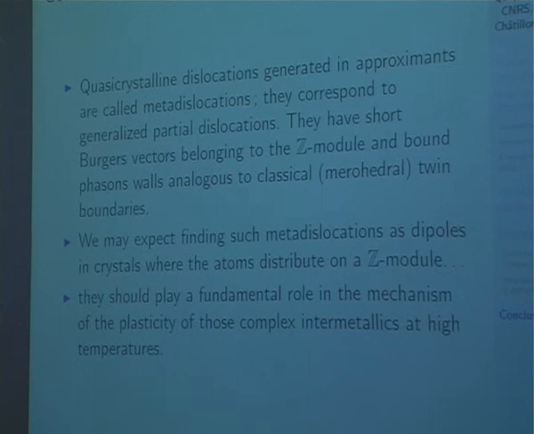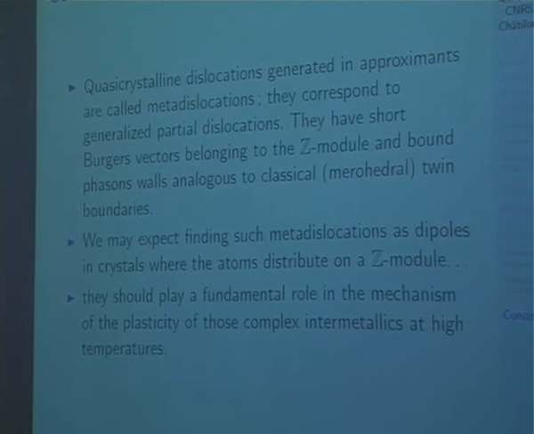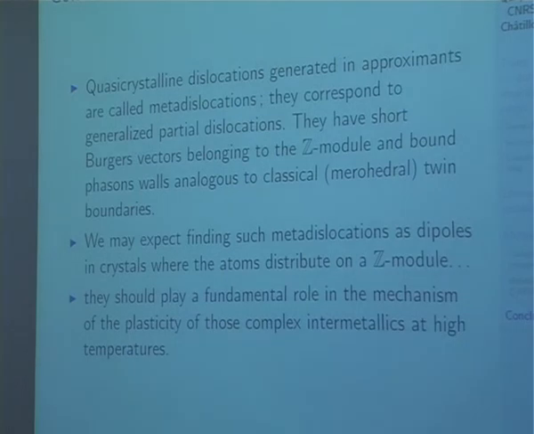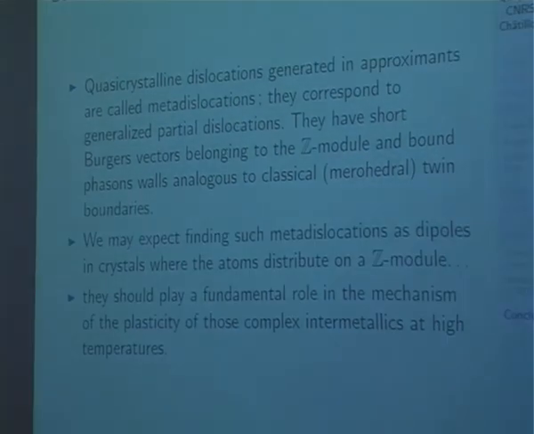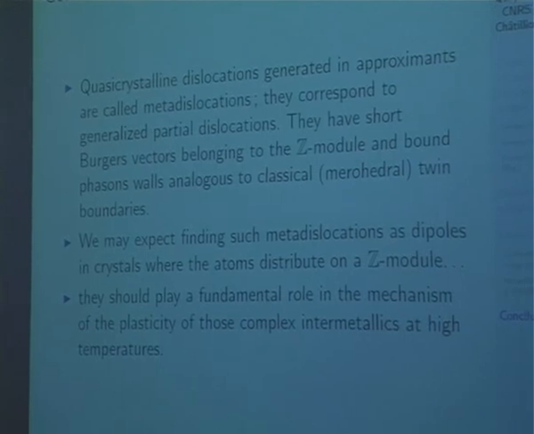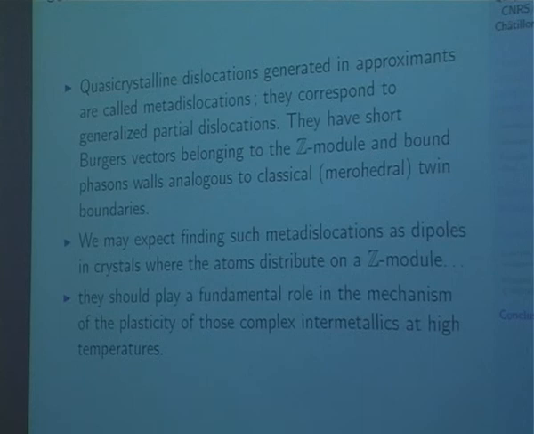So as a conclusion, the term metadislocation was proposed by Mick and Knut and Mark. I didn't invent the term, it's your term. But I would say that we call metadislocations quasicrystalline dislocations that are in approximants with non-zero perp value in the approximants.